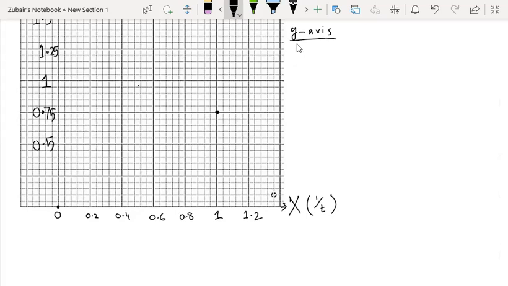So 20 small blocks is equal to 1 unit. So what do we have? We have 0.99. No, sorry, the unit value is 0.99.